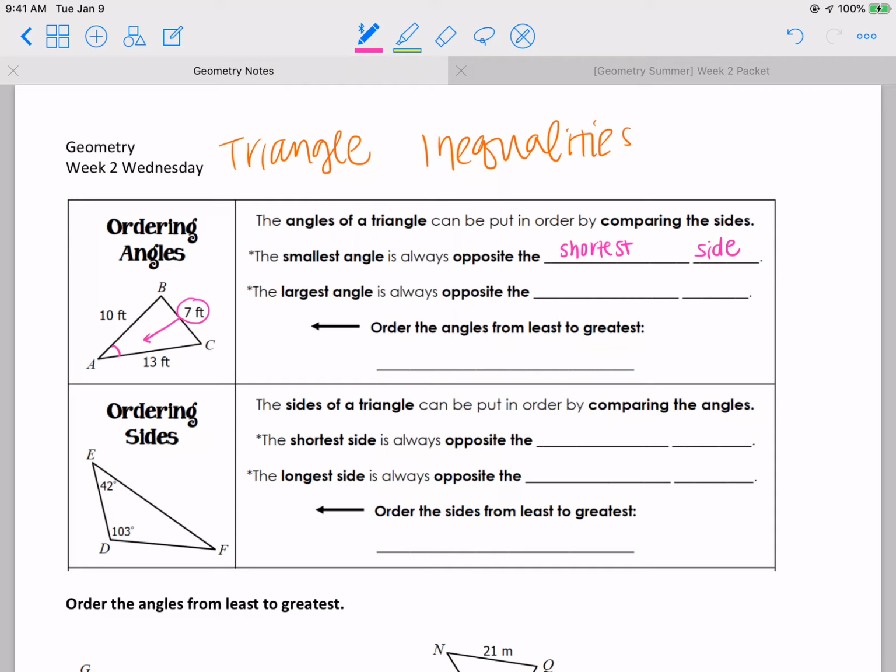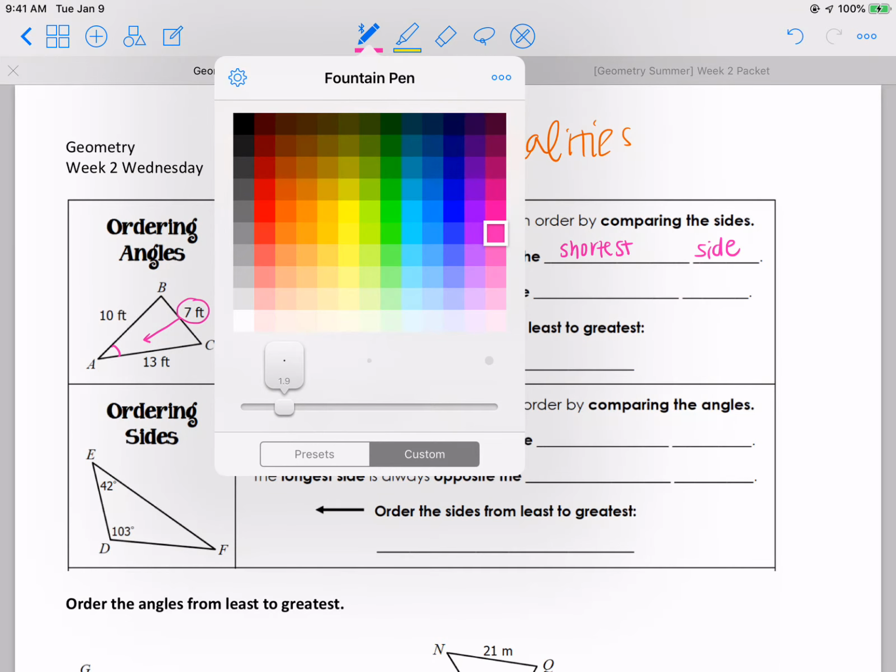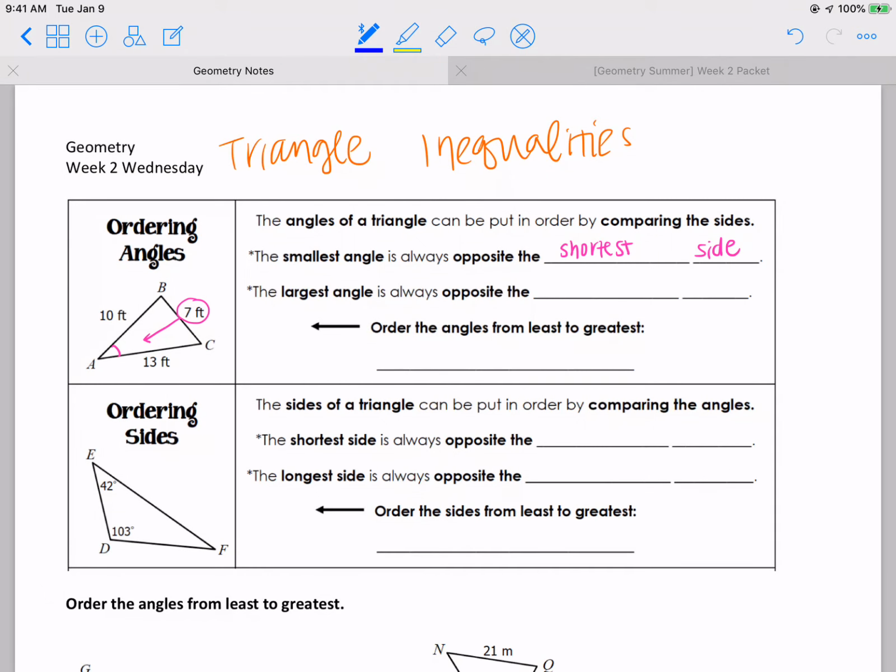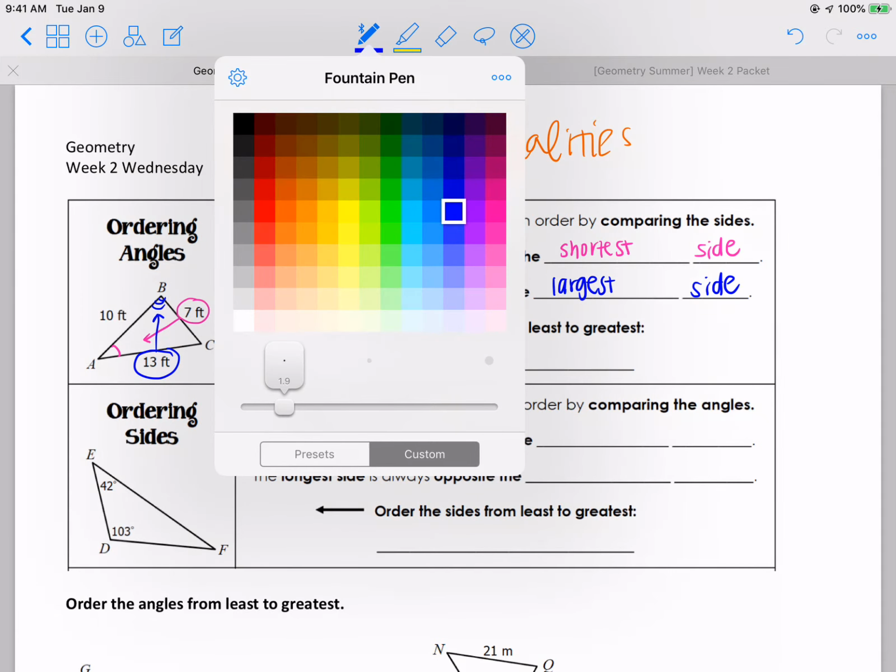Okay, and then the largest, I'm going to put it in another color. The largest angle is always opposite from the largest side. And that means it would be 13. Over here, that would be the largest side. So I would put 3 tally marks on that one, because that means it's the highest one.